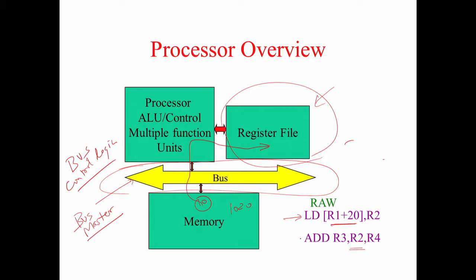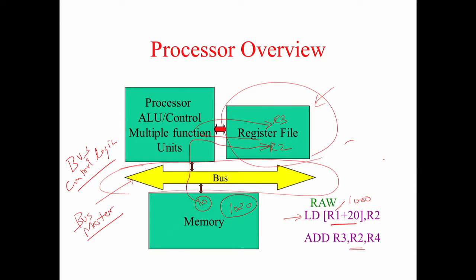And what will add do? It will read from the register file and perform the addition and then store back to the register file. So, the load instruction takes the value from 1020, assuming R1 is storing 1000, let me say it is 10, and then stores it in R2. The next instruction that is following it will read from R2 and do the addition here and write back the result onto R3, right.